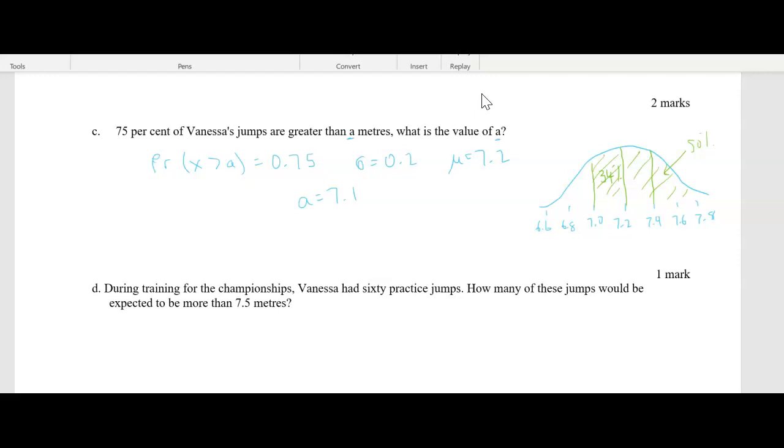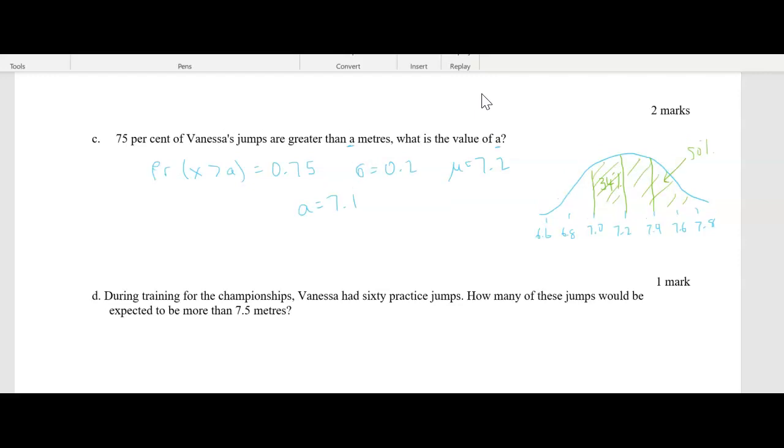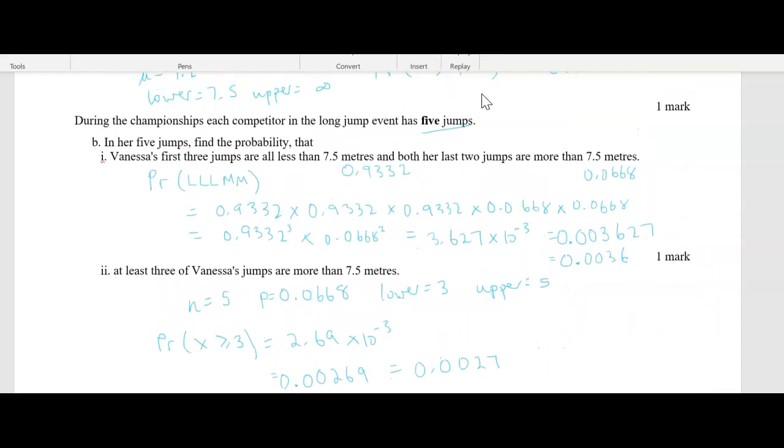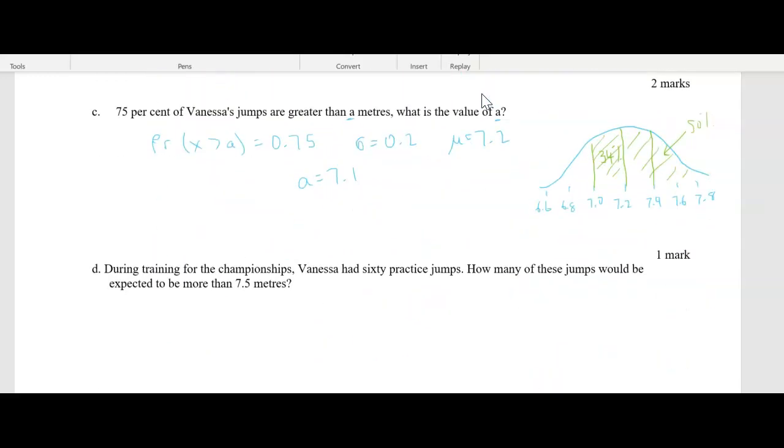So having an understanding of the percentages does help you think about how real your answer is. That's why when I was doing this one here with 0.68, 7.5 meters is in between 7.4 and 7.6.